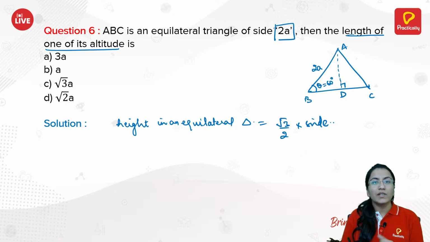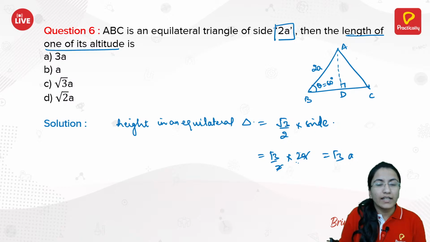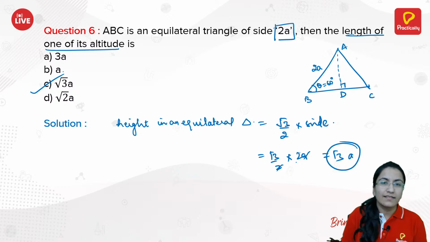Root 3 by 2 into side, and the side is given to you as 2a. So that means root 3a is the correct option. Just 2 would be cancelled from here, and root 3a is the correct option, that is C option.